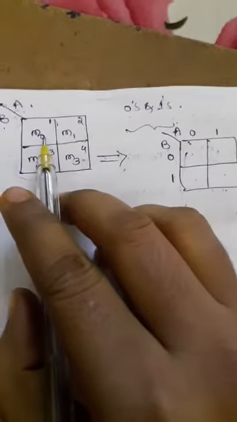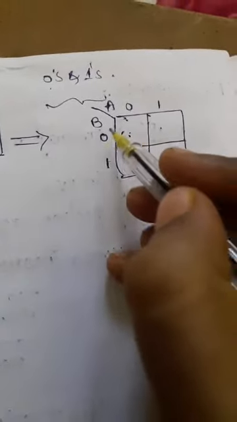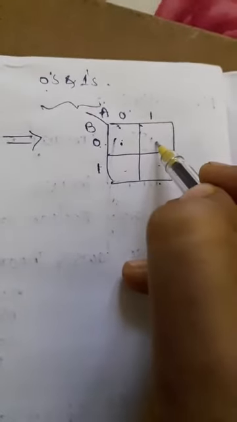Now how to indicate this cell, the first cell is indicated as M0. So M0 is nothing but this row and this column. Remember that point? M0 is combined with B of row and A of column. Like that, the second column M1 also consists of B row and A column.